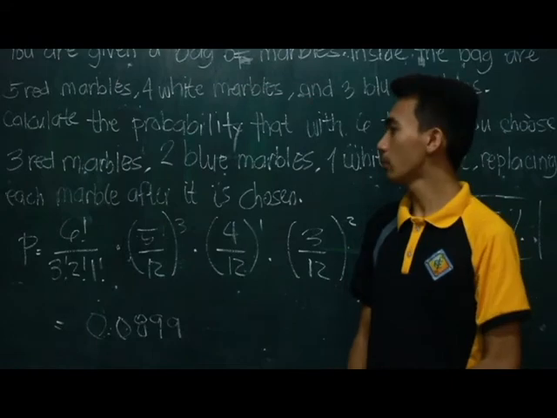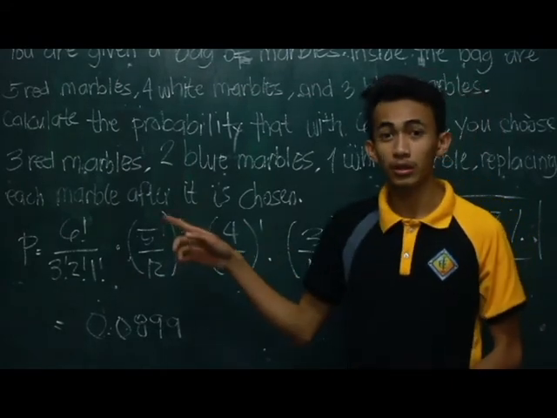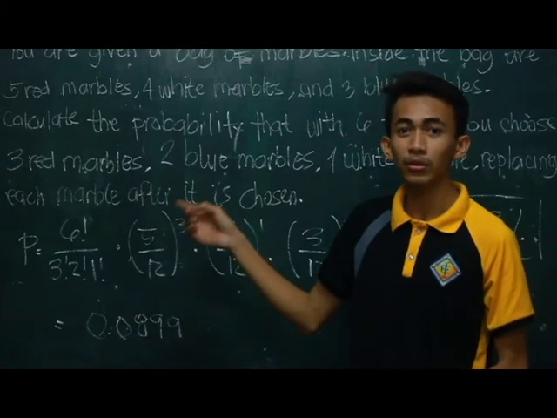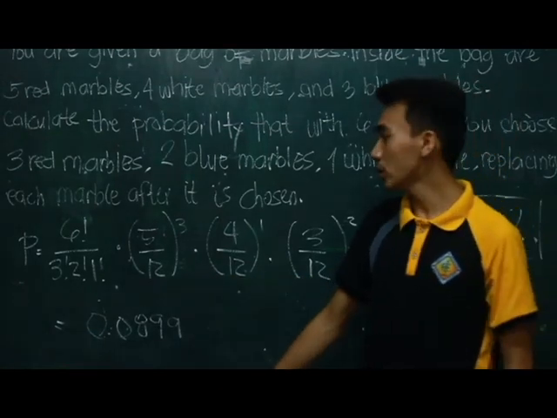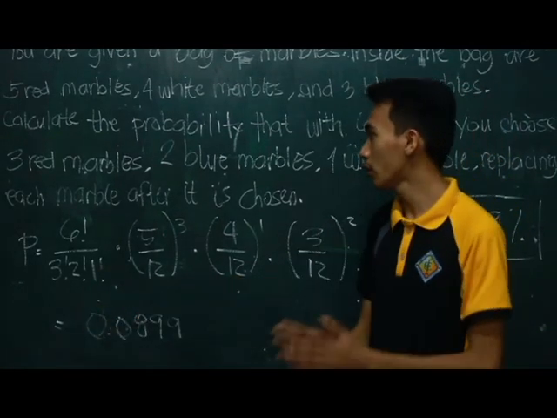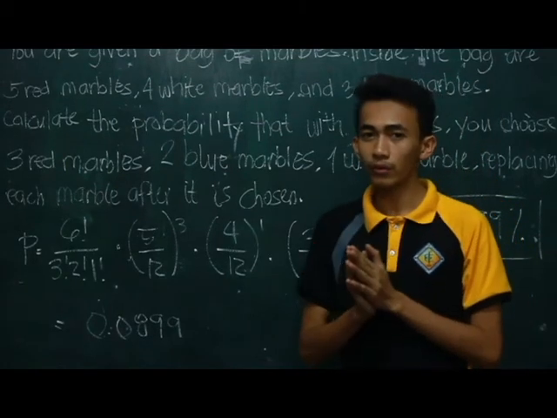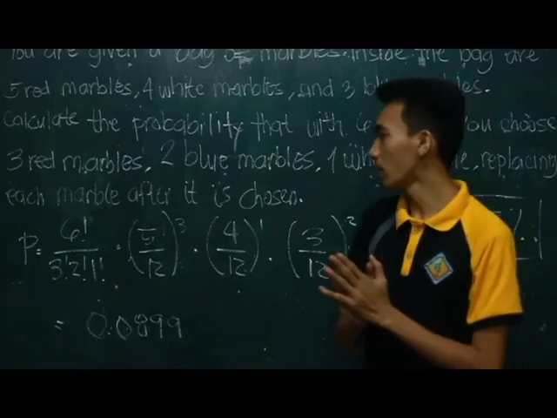So we have here the probability P is equal to 6 factorial, where 6 factorial is the number of ways of arranging it, and we will divide it by the repetitions: 3 factorial for the red marble, 2 factorial for the blue, and 1 factorial for the white marble. And we will multiply it by the probability of each marble.